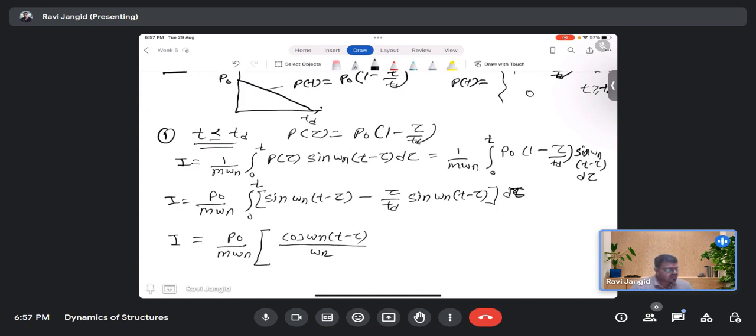Okay, or either this one, that would be the same, minus 1 upon td into tau cos omega n (t minus tau) divided by omega n.